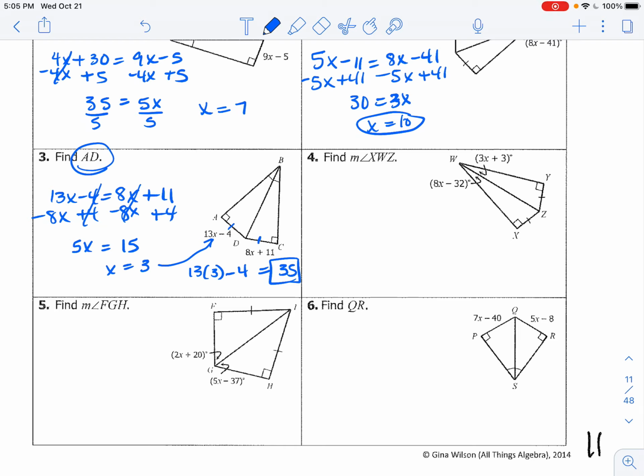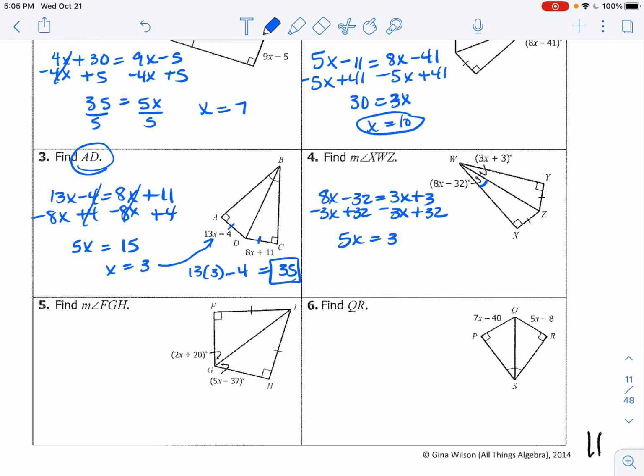In problem number 4, we're trying to find the measure of angle XWZ. So XWZ, this guy right here. Let's go ahead and set our angles congruent to each other, and then let's solve for x.